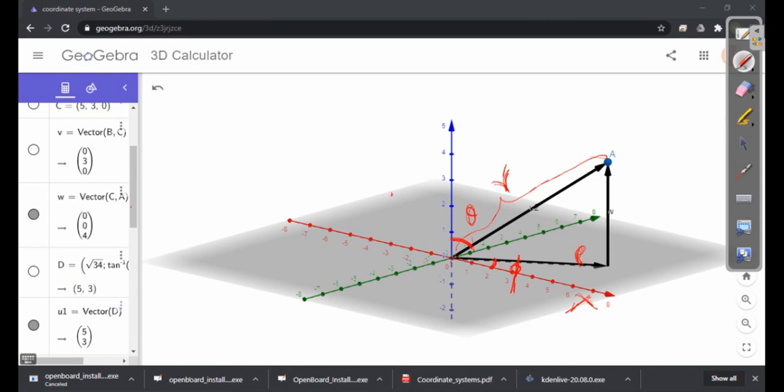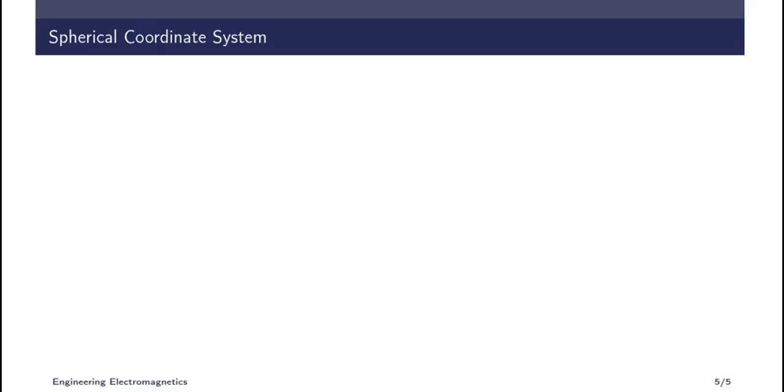The third one is the angle between the z-axis and the vector r. So these are the three parameters. Coming back to the spherical coordinate system, we have r, phi, theta. So what are the unit vectors? a_r cap, a_phi cap, and a_theta cap.